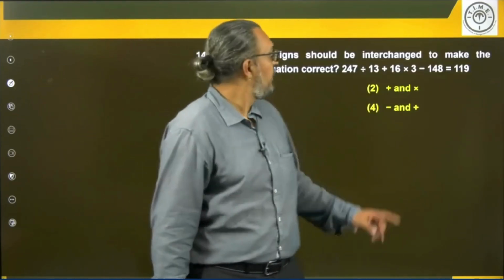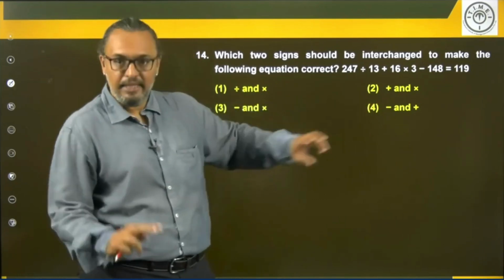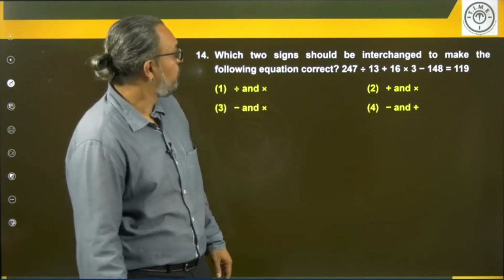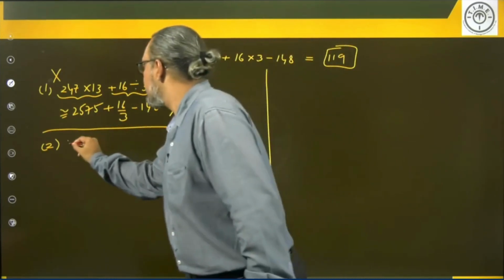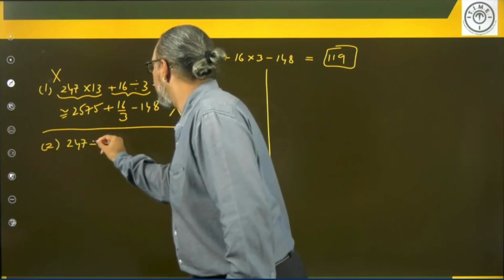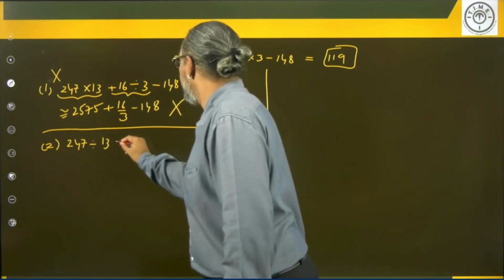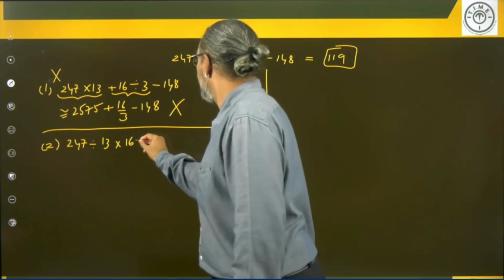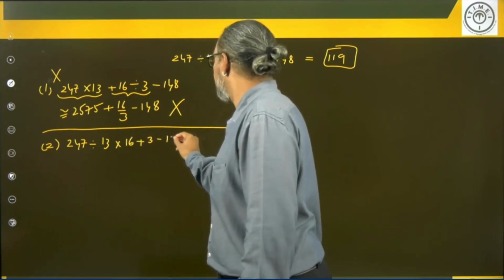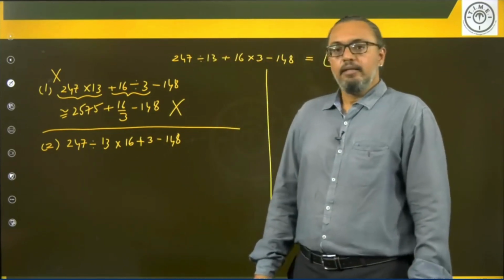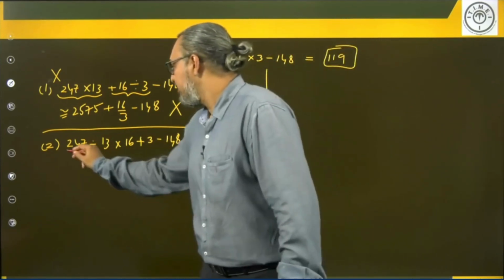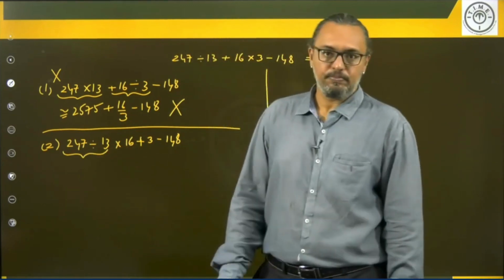Then what about the second option? Plus and into are exchanged. So basically you will get 247 divided by 13, then into 16 plus 3 minus 148. Now 247 divided by 13 we have to do.